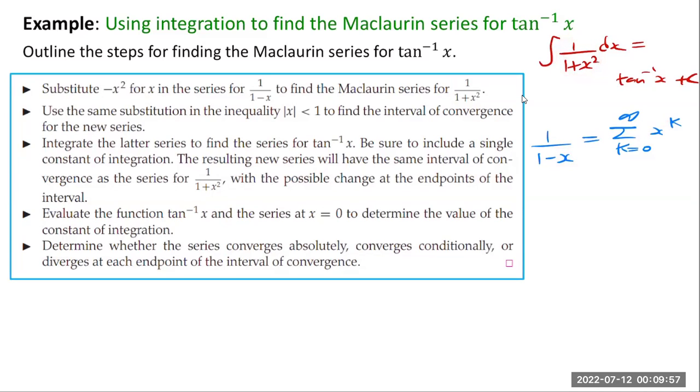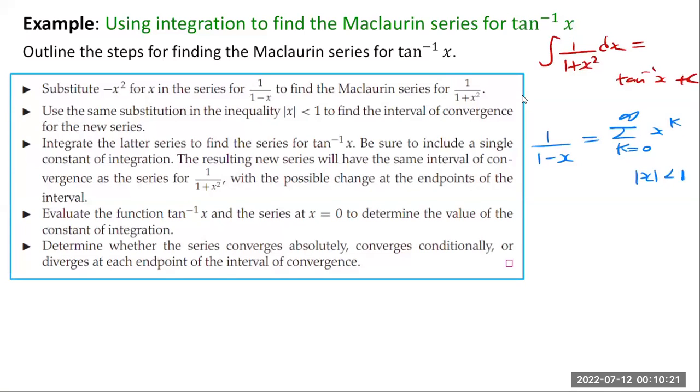Here is the second step. Use the same substitution in the inequality absolute value of x is less than 1 to find the interval of convergence for the new series. This is a geometric series, so you require absolute value of x to be less than 1.